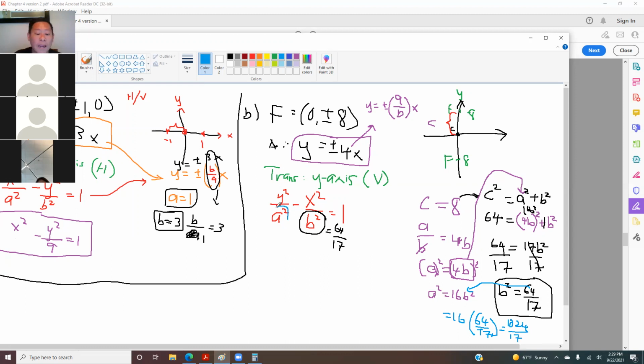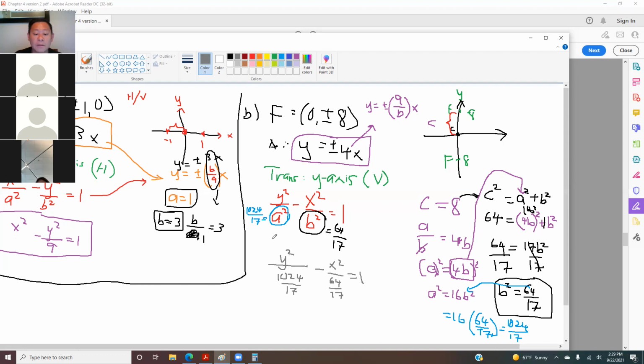So now we found A squared to be this icky number, 1024 over 17. So now you resubstitute back to get your answer: y squared over this icky number, 1024 over 17, minus x squared over B squared, which is 64 over 17, equals 1.